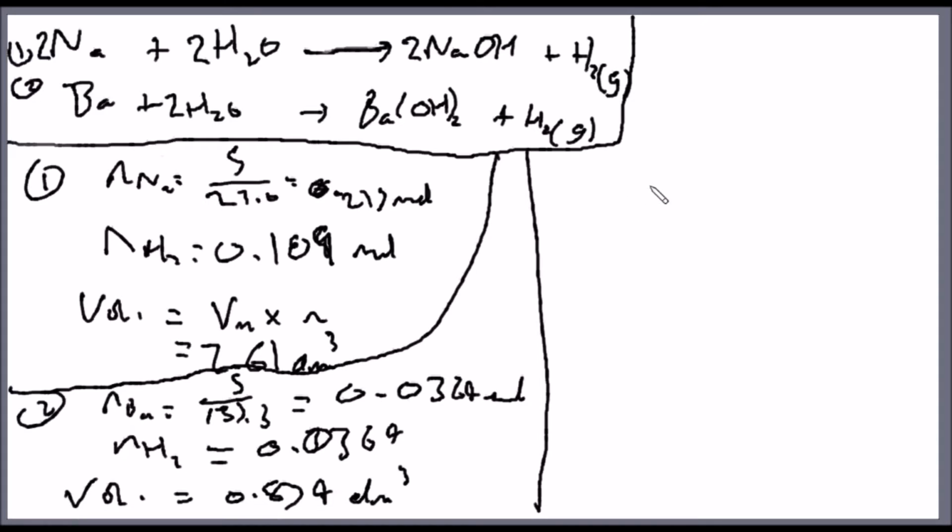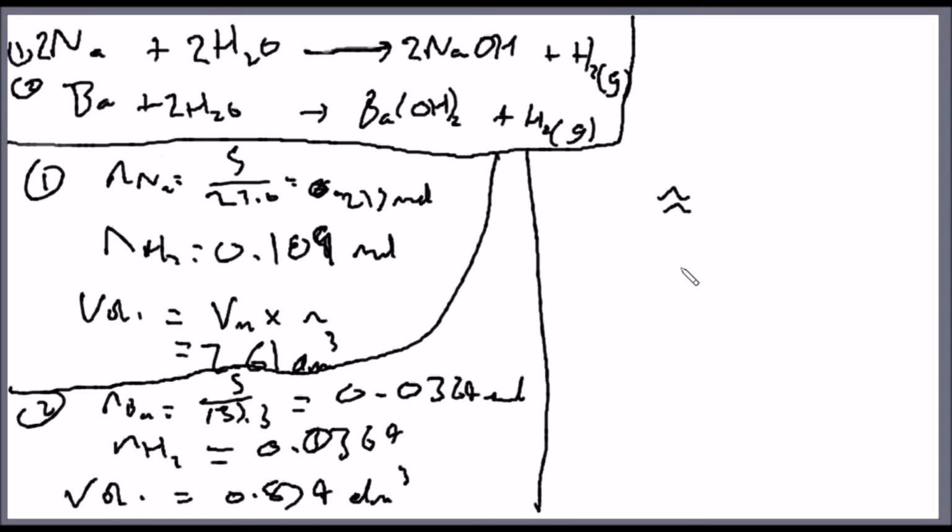So as we can see here, the reaction with sodium, which has a small molar mass with the same mass, releases much more gas. So almost 4 times, is that 4 times the gas? So yeah, around, no, actually it's around 3 times.